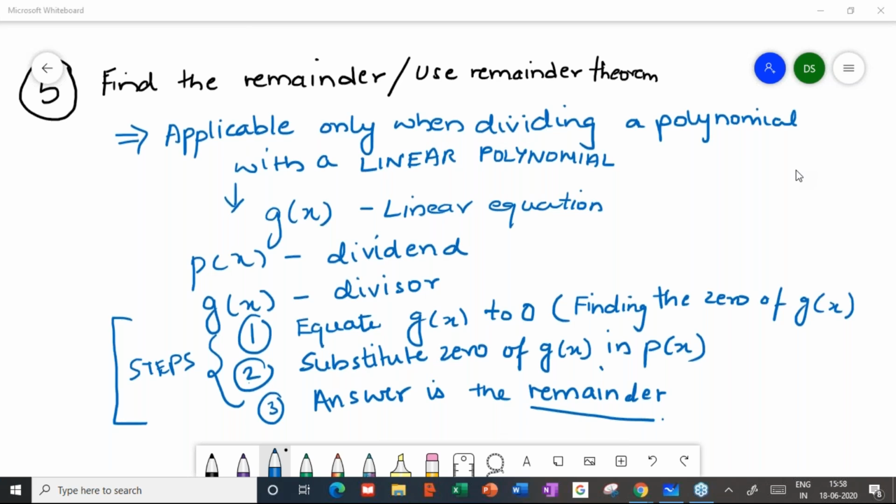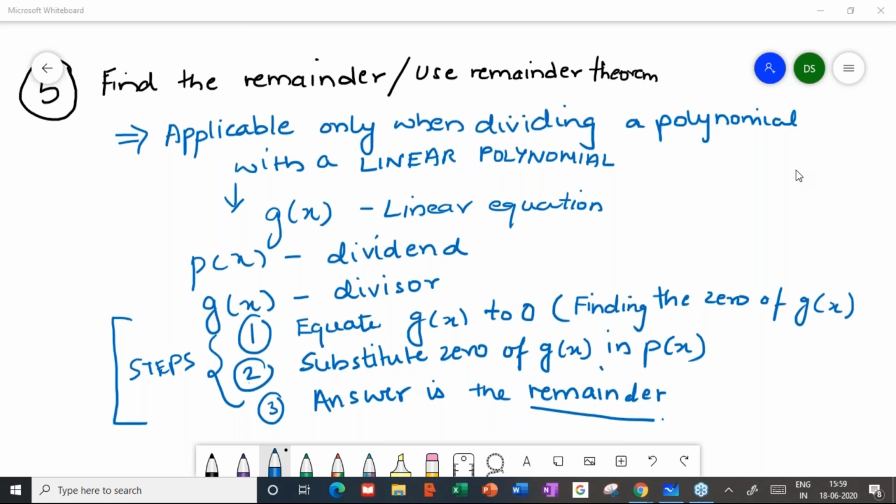If the highest degree is 2, then you will get it in the form of a quadratic equation, right? I'm asking, for example, if g of x equals x square minus 9, then the value of x will be the root of 9, if there is a sum like that.